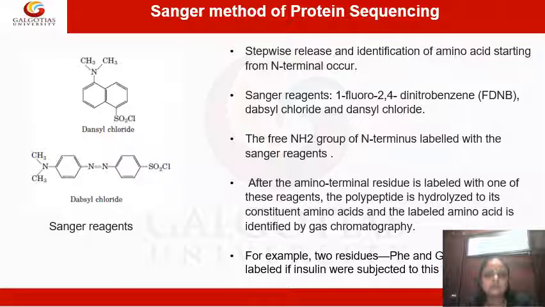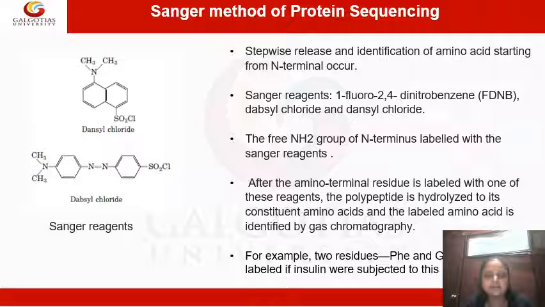Now we will come to the Sanger method of protein sequencing. This method was developed by Frederick Sanger. In this method, the stepwise release and identification of amino acids starting from the N terminal occurs. There are several Sanger reagents used in this method: 1-fluoro-2,4-dinitrobenzene (FDNB), dansyl chloride, and dabsyl chloride are some of the Sanger reagents.